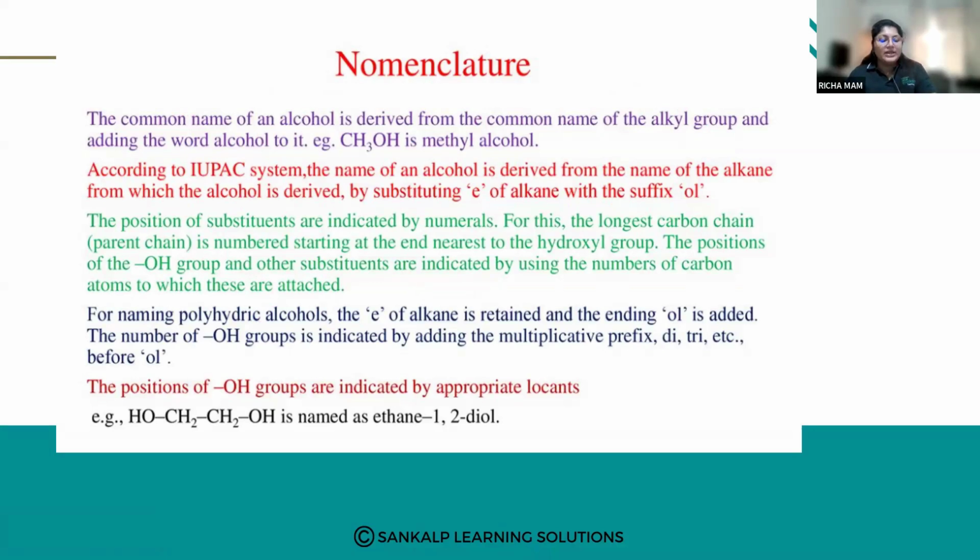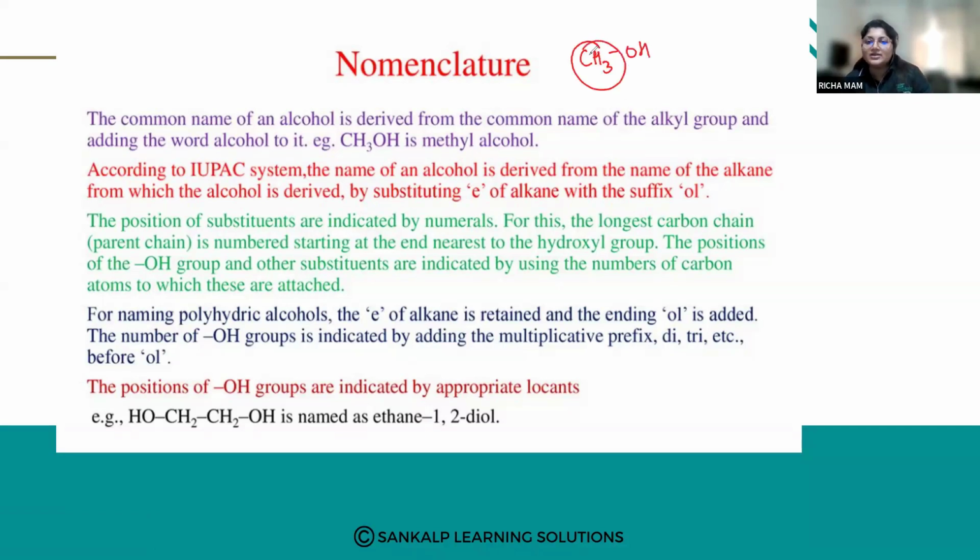When we are naming alcohols, let us see how the common names are derived. When giving the common name, we first give the alkyl group and then the word alcohol. Suppose you have CH3OH.